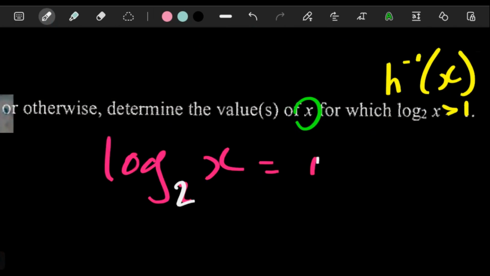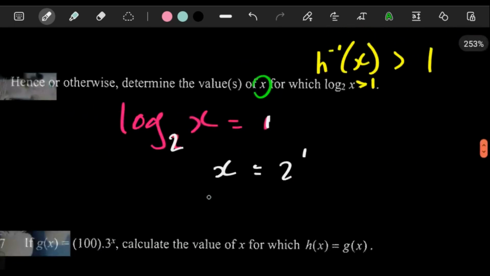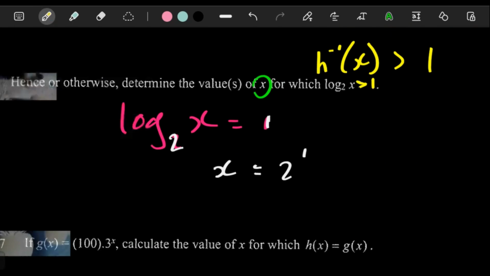Normally when we use logs, whatever is alone, we think of that as the exponent at some point, and then this would be the base. So reversing that, you'd have a base and an exponent, and then your x would be on its own. So x is a 2. What we know is the graph is equal to 1 where x is 2. Because we have a picture of the graph, we can actually use that to help us.